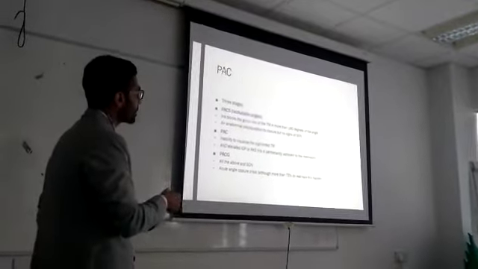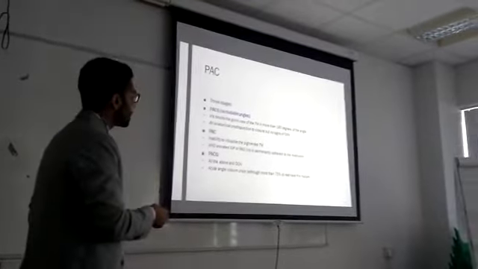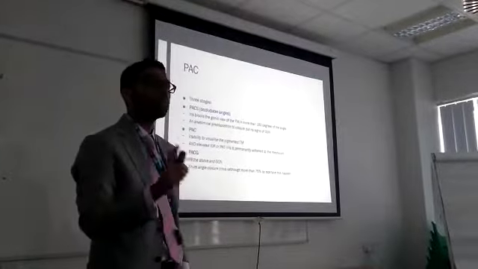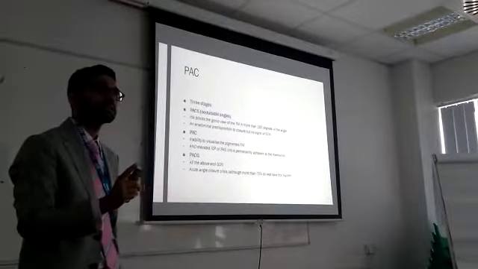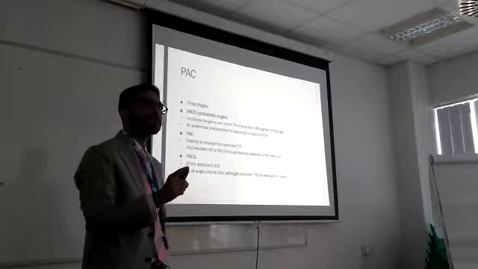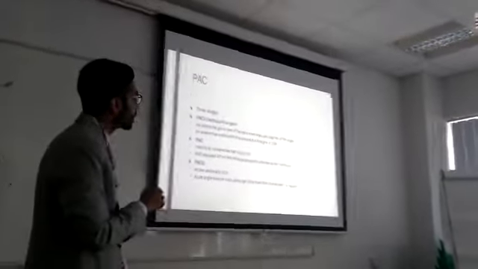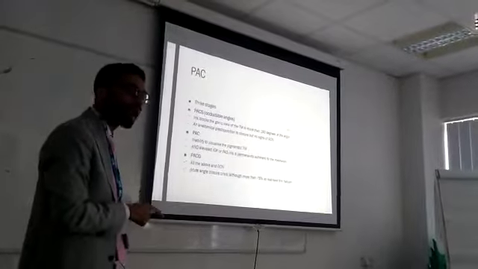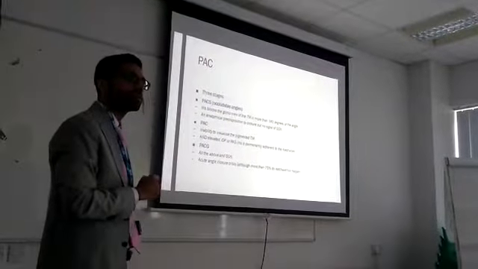So you get PACS, PAC, and PACG. This PACG is more visually significant than open angle glaucoma. So you are more likely to go blind with primary angle closure than open angle glaucoma.